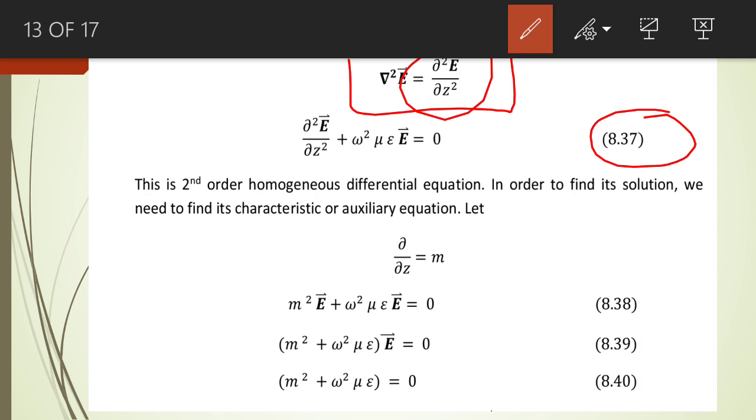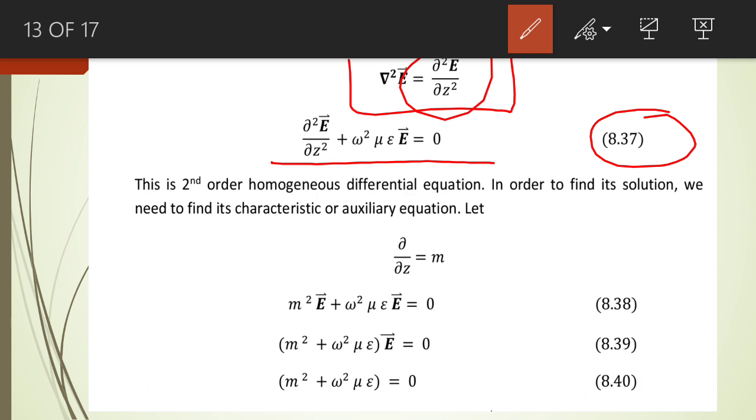You see, equation number 8.37 says that curly square by curly z square of the electric field intensity plus omega square mu epsilon multiplied by the phasor value of the electric field intensity is equal to 0.